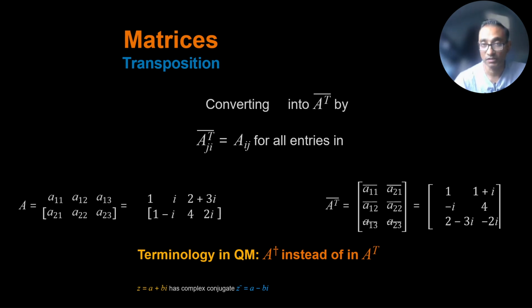The terminology in quantum mechanics is denoted by A with a cross symbol, a dagger, instead of A^T, and in the complex number case, it's represented by a bar over the complex number. So for example, z equals a plus bi has a complex conjugate, z bar, represented by a minus bi. In the previous video, we explained how to calculate the conjugate of a complex number. It represents the mirror image.